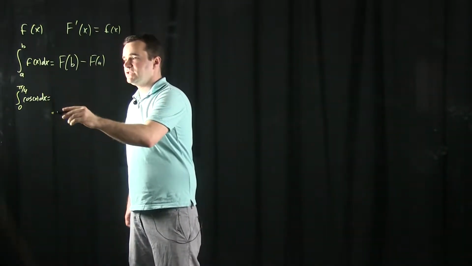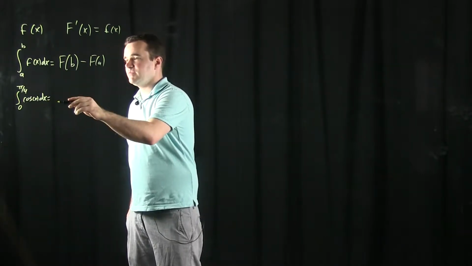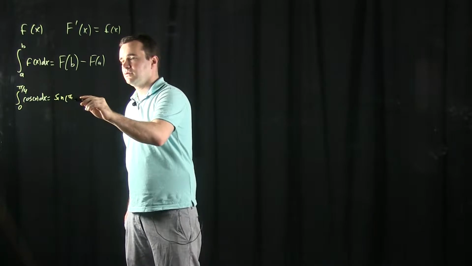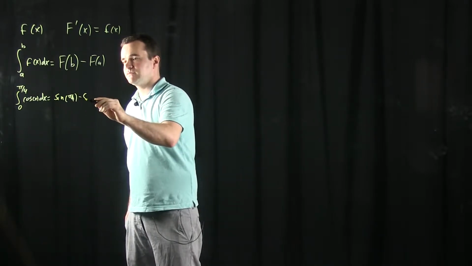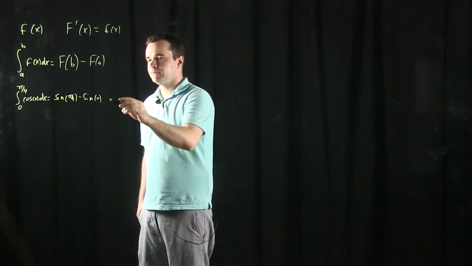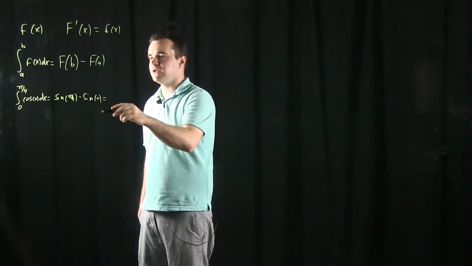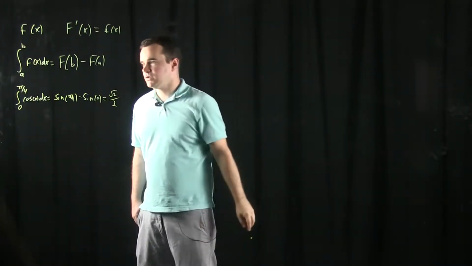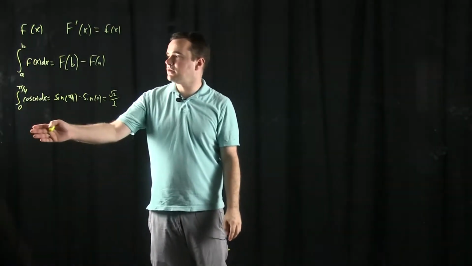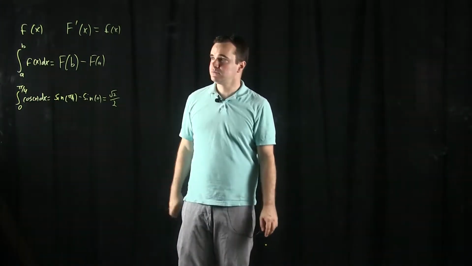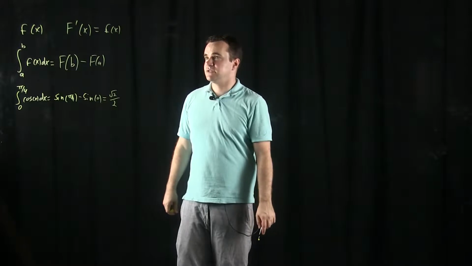So you can quickly say that this integral is nothing but sine of pi over 4 minus sine of 0. Sine of pi over 4 is root 2 over 2. Sine of 0 is equal to 0. So you can quickly see that the area under the curve of cosine from 0 to pi over 4 is root 2 over 2, which is really nice.